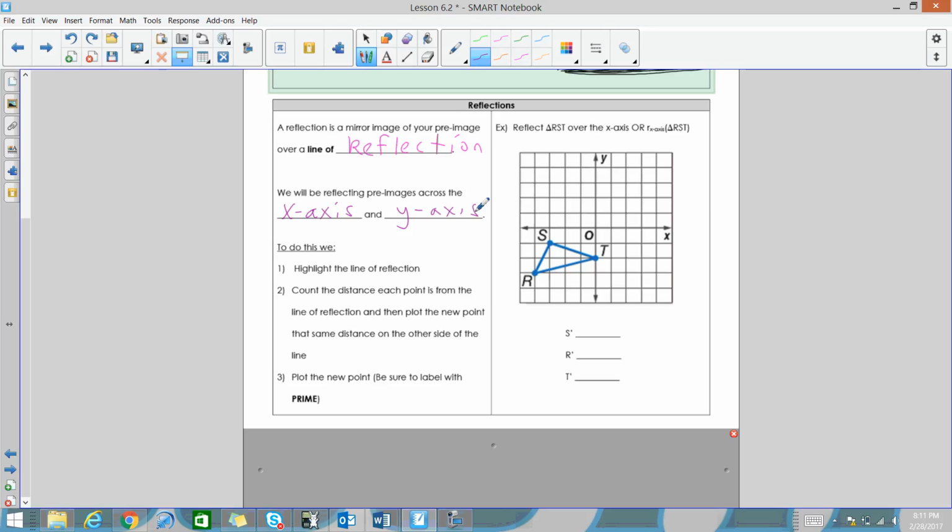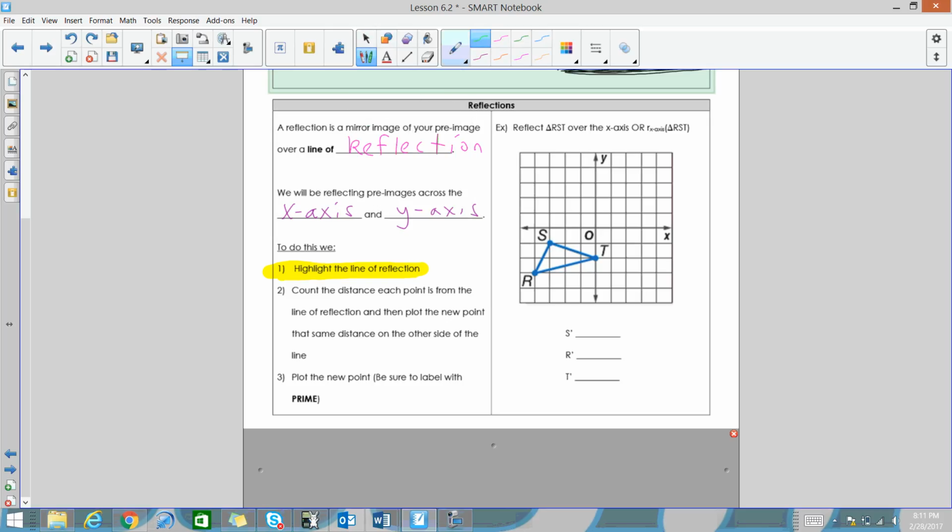The reason I want you to have the highlighter is because when we are doing these reflections, the first thing you're going to do is highlight the line that you are reflecting over. It's really going to help you, because once you identify whether you're reflecting over the x-axis or the y-axis, all you do is count your distance.